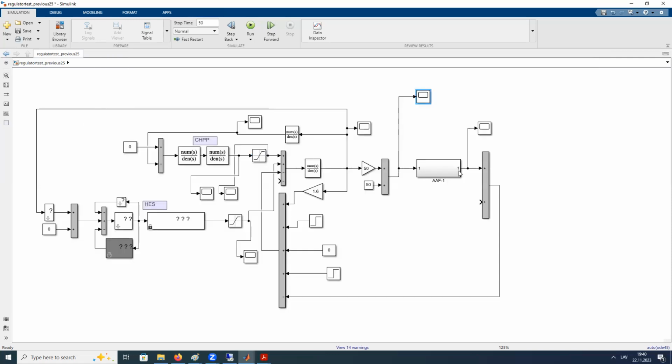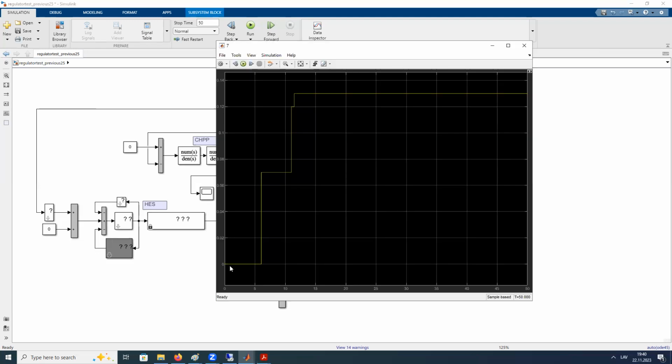And here we could see the result of the under frequency automation operation. Here we could see the steps: first step, second step, third step. Here we got 1, 2, 3, 4 stages of under frequency automation that have disconnected their loads. And this is the total amount of disconnected load, the number of stages and the total amount of load.